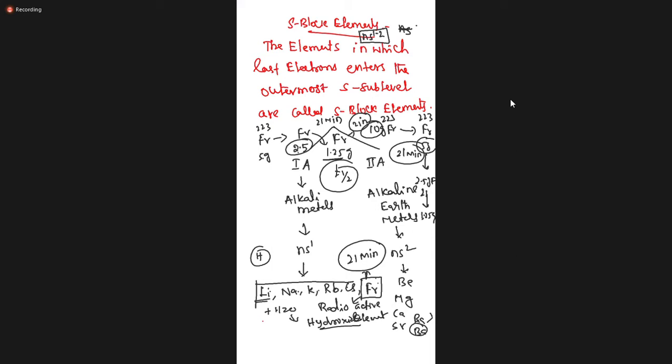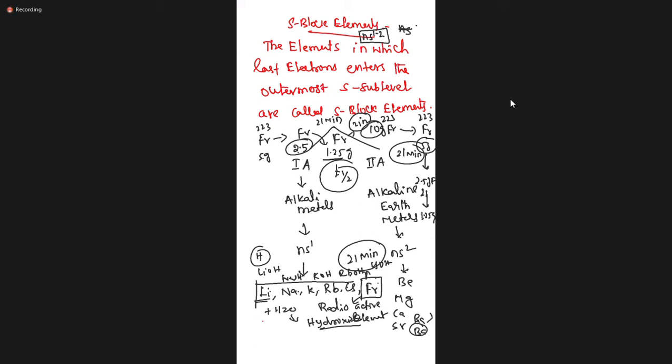These hydroxides, for example lithium hydroxide, sodium hydroxide, potassium hydroxide, rubidium hydroxide, cesium hydroxide, are all strongly alkaline in nature. Whenever these metals react with water, they give rise to hydroxides. Is it clear?